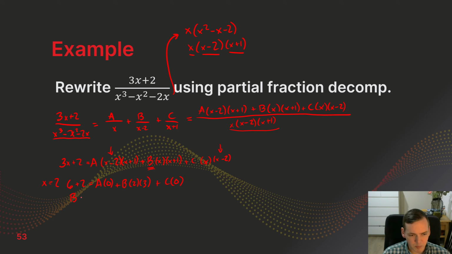In other words, B is equal to 8 divided by 6, which is equal to 4 divided by 3.